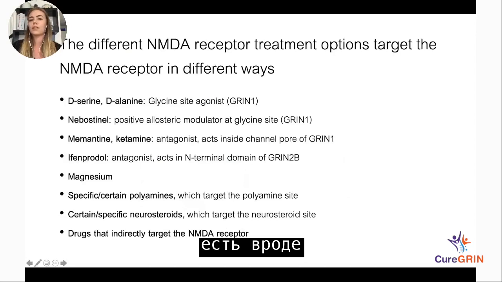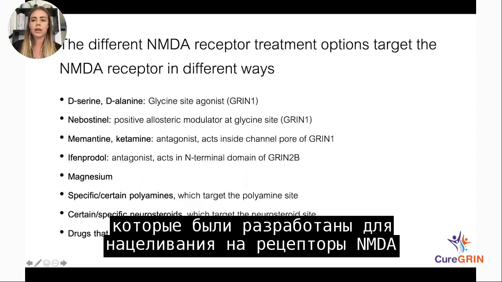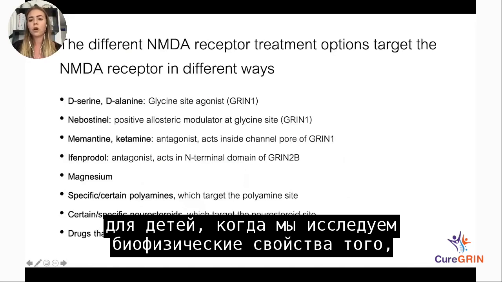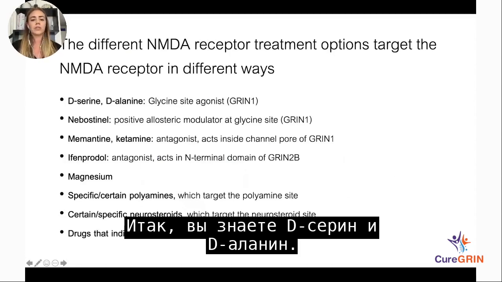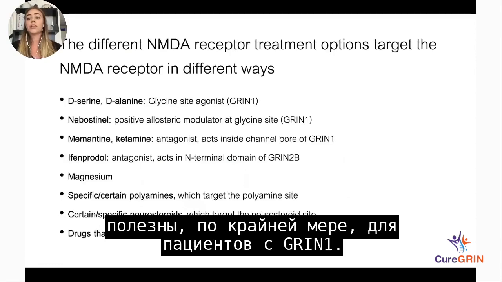But there are at least 100 drugs that have been developed to target NMDA receptors and that could serve as therapeutic possibilities for the children once we've probed the biophysical properties of how their receptor changes as a result of the mutation. So, D-serine and D-alanine, these are glycine site agonists, and they would be helpful at least for GRIN1 patients.